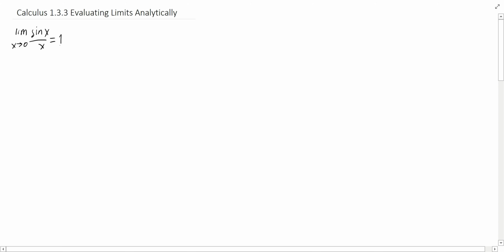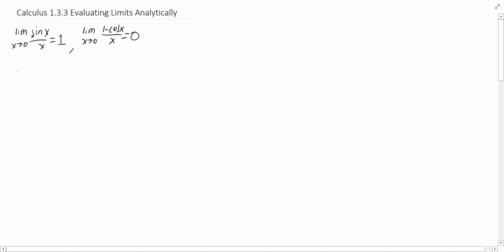This is our first real identity, if you recall from Algebra 2 when we had trigonometric identities. And then our second is the limit as x goes to 0 of 1 minus cosine of x over x is equal to 0. These two limits are really the basis of how we go about solving the rest of these problems, and we're going to use these repeatedly.